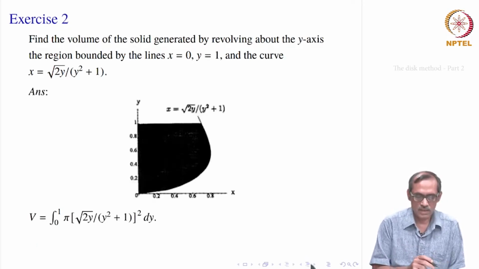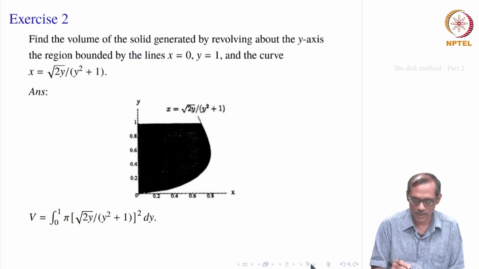Fine. So, if you plot, it looks something like this: x equal to square root of 2y divided by y square plus 1 gives this curve, and then it has to be revolved about the y axis. First the region. The region is bounded by the line x equal to 0, which is the y axis, y equal to 1, which is the top line here, and the curve.